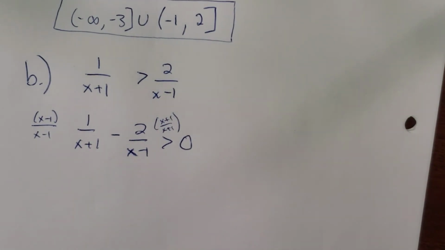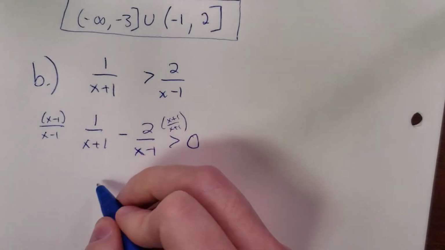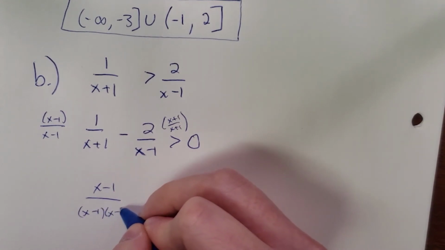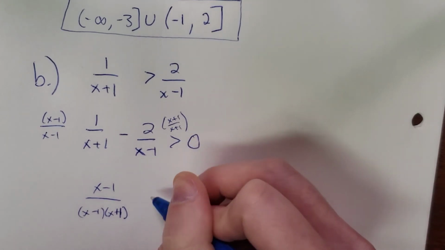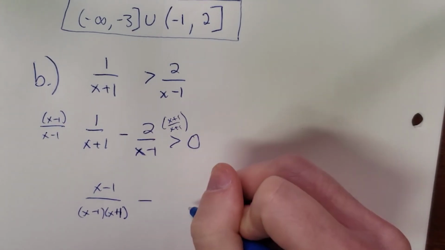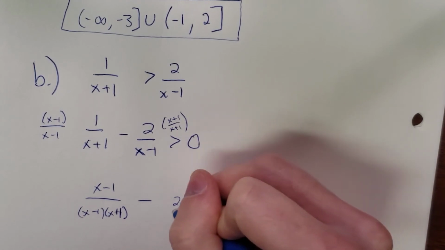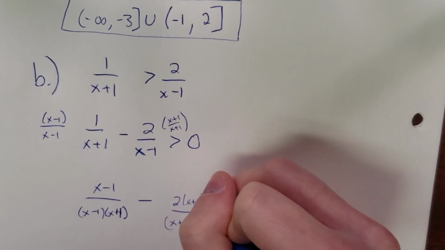If we do that, we get x minus 1 over x minus 1 times x plus 1, and then minus 2 times x plus 1 over x plus 1 times x minus 1.